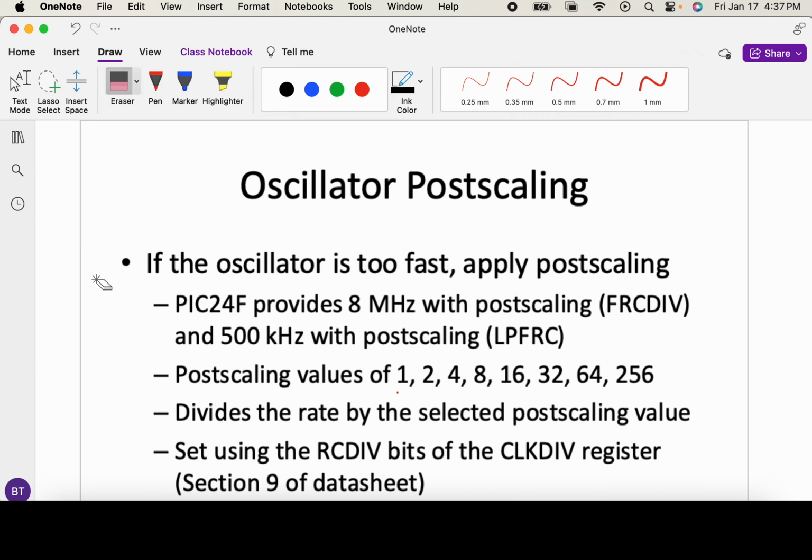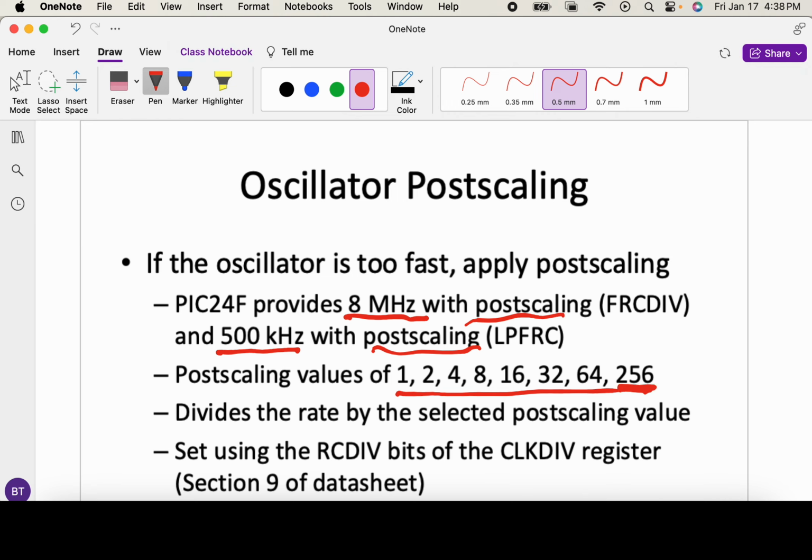So for example, our PIC provides an 8 megahertz oscillator with postscaling, or we can choose a low power oscillator, which is the 500 kilohertz oscillator with postscaling. These are the postscaling values you can choose. So you can slow down your oscillator by a factor of 1, 2, 4, all the way out to a factor of 256.